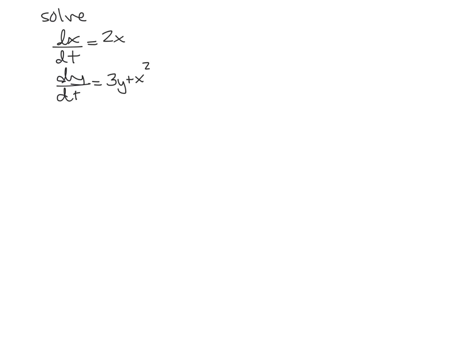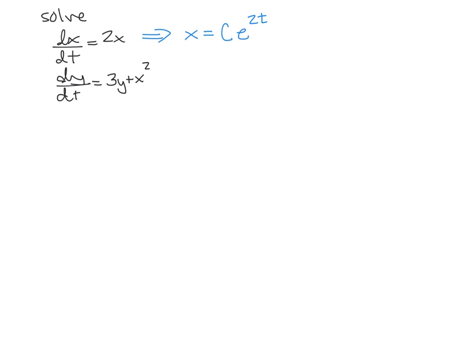And what makes this one really so special is the fact that we have one of the equations where the dependent variable is the only variable in it. This equation does not have y, and so it is already solvable. We know how to do this. We've done it a bunch. I'm not going to go through the exact solving of it, because you guys have done this a lot. Just use separation of variables, and we get that x is equal to c e to the 2t.